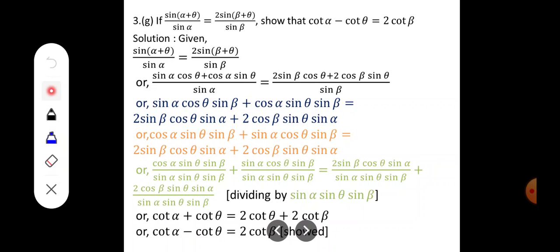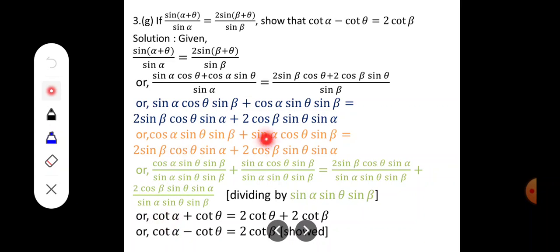Now dividing every term by sin alpha, sin theta and sin beta, we get this line. Now here sin cancels sin theta, sin beta, and we find only cos alpha divided by sin alpha, and this is equal to cot alpha.